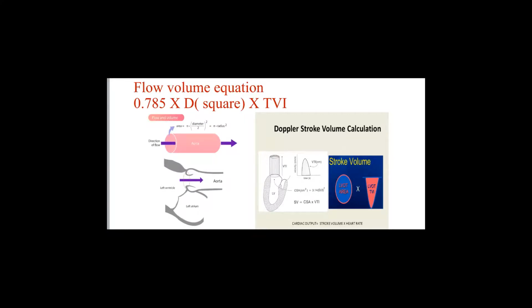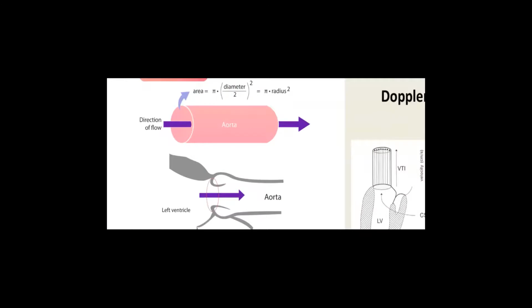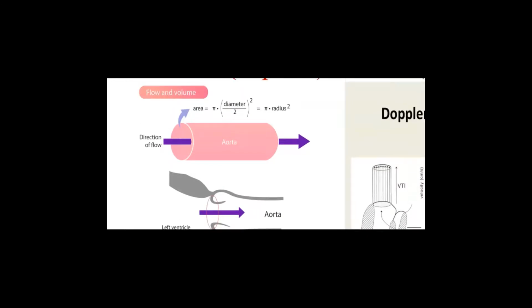So if I take this tube, which is the aorta, and want to calculate the volume of the blood in it, I have to have the area of the circle and the distance.